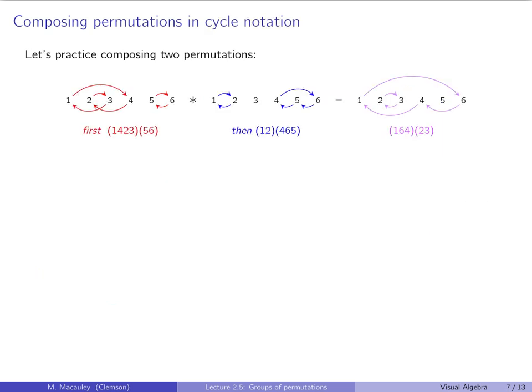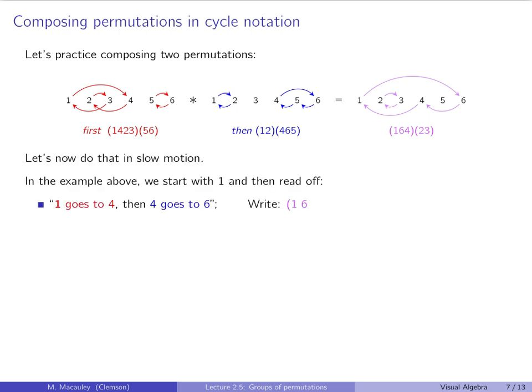So here is that same product of permutations. Let's now do that in slow motion. In the example above, I'm going to focus on the cycle notations. So we start with 1, the smallest digit, and then we read off 1 goes to 4, and then 4 goes to 6. So we write parentheses 1, 6.